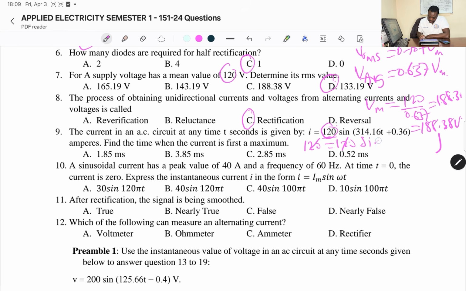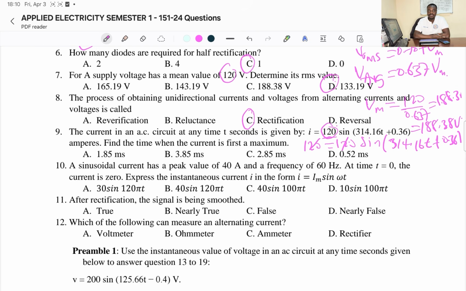So sine of (314.16t plus 0.36). Here you take sine inverse of 1. If your calculator is in degrees, you get the answer in degrees.